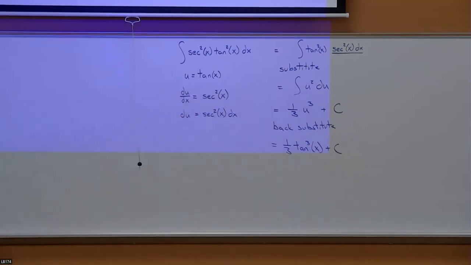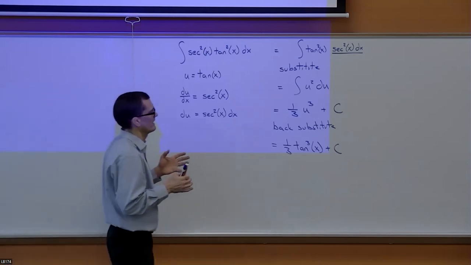So that one's a really fairly compact one because I didn't have to use the trig identity or the secant tangent version of that Pythagorean identity. Any questions about that? Okay.